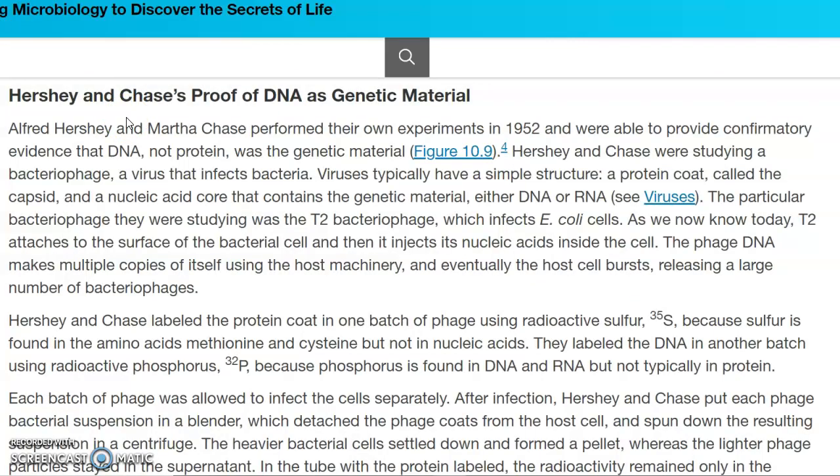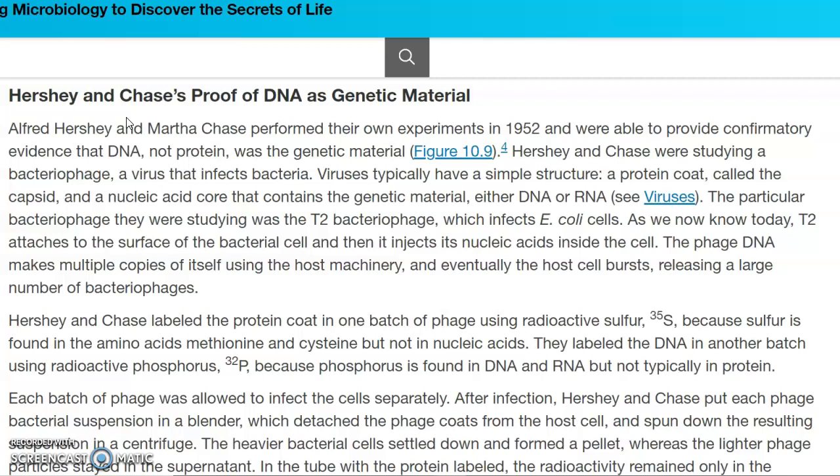Now, a few years after Avery, McLeod, and McCarty published their results, we had another team of scientists, Hershey and Chase, and they performed their own experiments with this, and they confirmed the idea that it was DNA that was the genetic material.